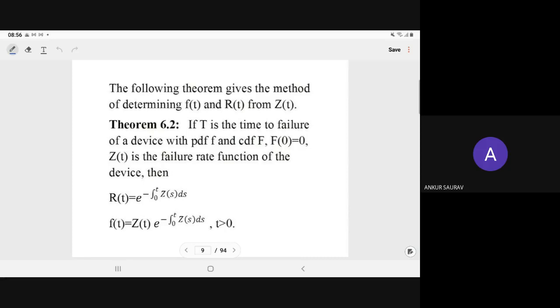Then reliability in terms of z(s) will be R(t) equal to e to the power minus integral 0 to t z(s) ds, and f(t) is equal to z(t) into e to the power minus integral 0 to t z(s) ds for t greater than 0.